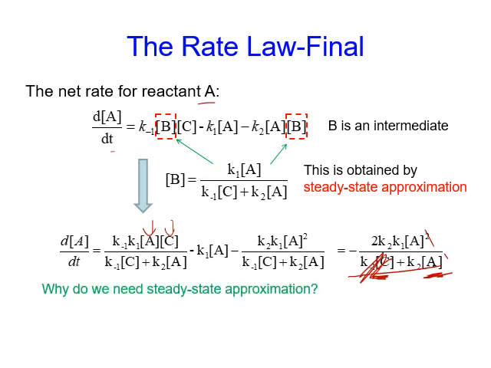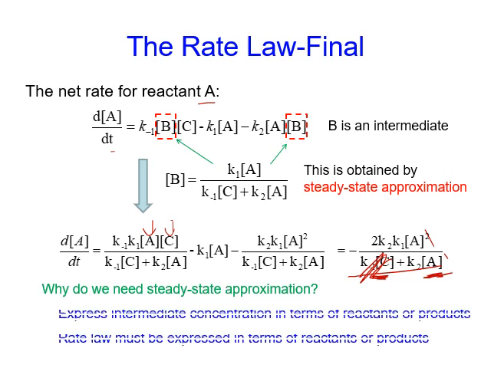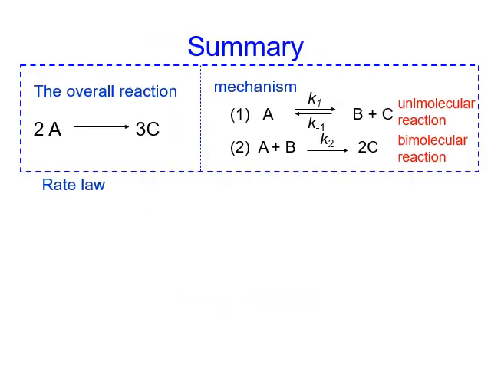So this example tells us that sometimes when we derive a rate law, we need a steady state approximation to find the intermediate concentration so that the final rate law only involves reactants or products. In summary, for an overall reaction, in order to derive the rate law, we have to know the mechanism.